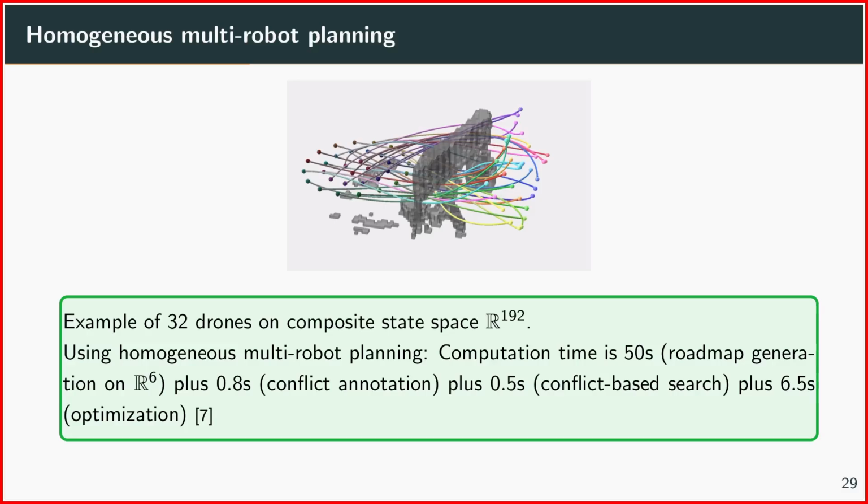However, if we do this whole thing which we just talked about, reduction to pebbles on a graph and conflict-based search, we can actually solve this in roughly 60 seconds. For this example, we have a computation time of 50 seconds for generating the roadmap on R6, then 0.8 seconds for conflict annotation, 0.5 seconds for conflict-based search, and then an additional roughly 6.5 seconds for optimization, a bit of smoothing and shortcutting of the paths.